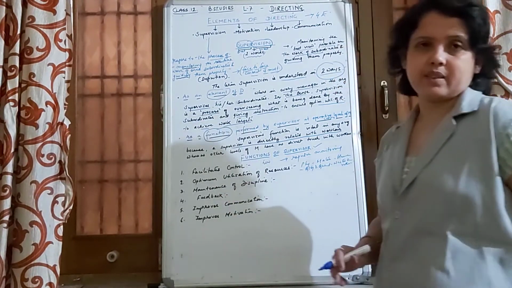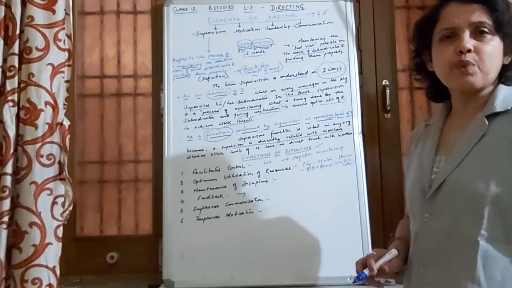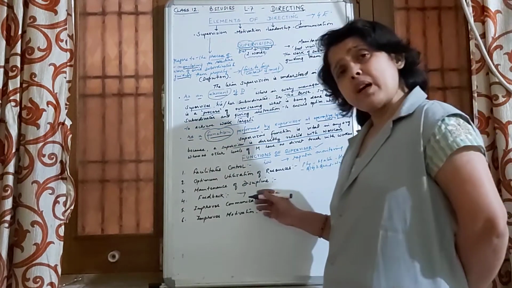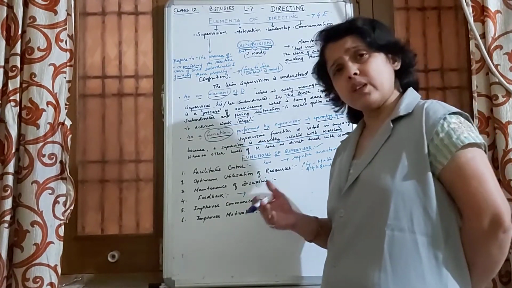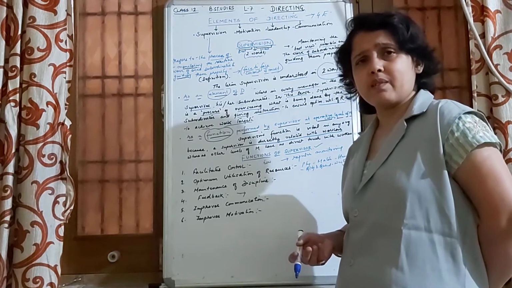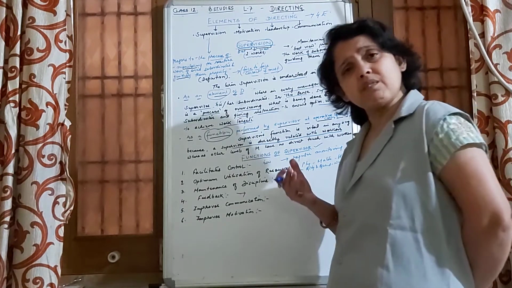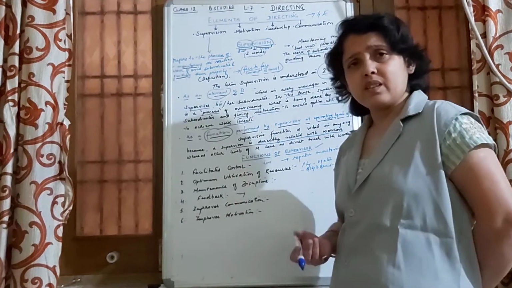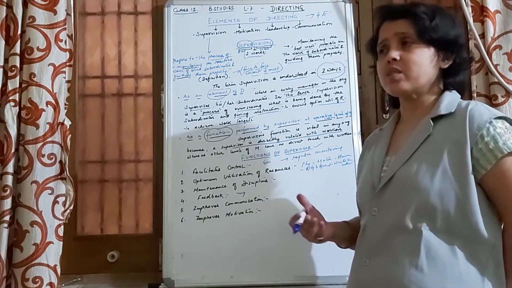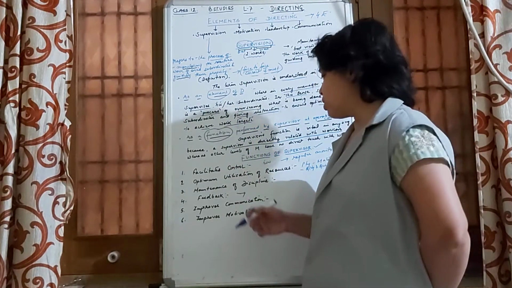Then comes feedback. Now we see that once there is face-to-face interaction between the superior, the supervisor, and the subordinates, that means the workers, always the feedback is given by the workers about the work, their problems, their grievances, the policy decisions of the management, which is very important for the management to know how effective their decisions have been and how far the employees, or you may say the workers who have to perform the work, are satisfied with the decisions, because they are those who have to carry out those decisions effectively towards the achievement of the organizational goals.